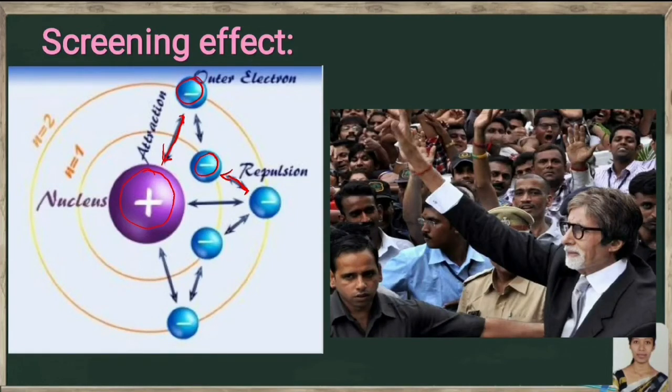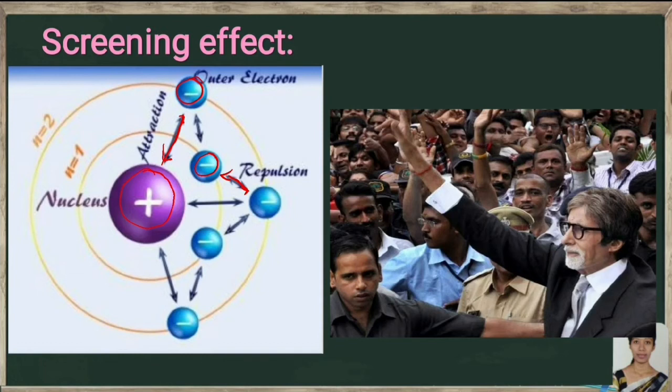You can understand this with the same example. Amitabh Bachchan is the nucleus, whereas the people around him are electrons. People standing away are the outer electrons. People standing in between the outer electrons and Amitabh are the inner electrons. If the number of people in between Amitabh and the outer person increases, then the last person cannot talk to Amitabh. That means the people standing in between are preventing the outer person from talking to Amitabh.